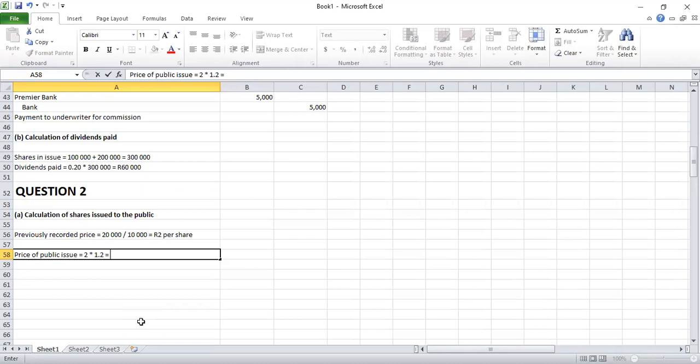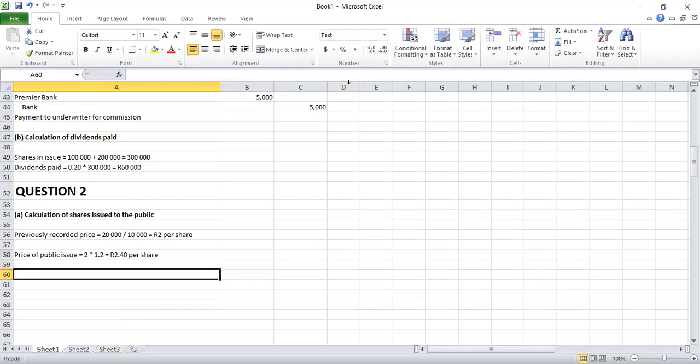What do we get? 2.4. So these shares were issued at 2 rand 40.